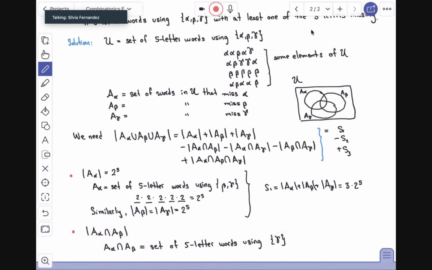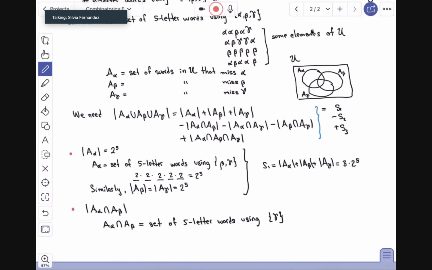They cannot use alpha and they cannot use beta. So this is just the set of the word gamma, gamma, gamma, gamma, gamma. Just that one word. So this is 1. And the same for the other 2 sets.